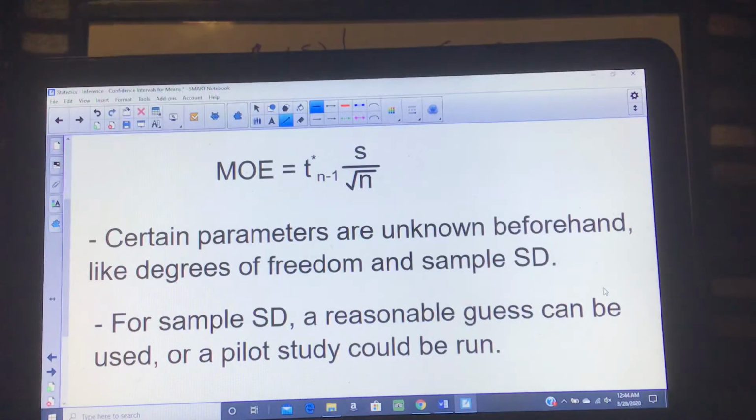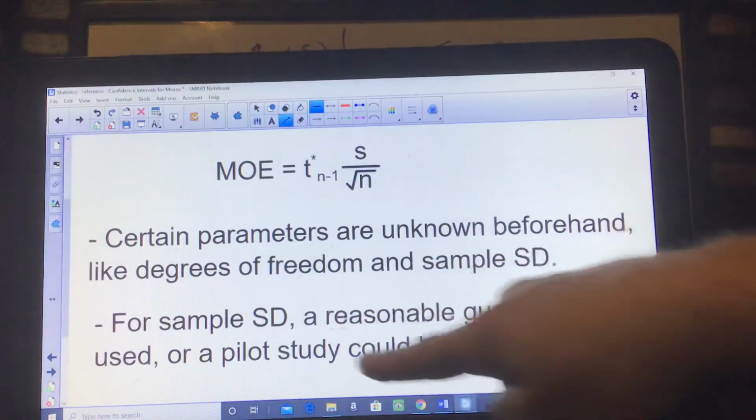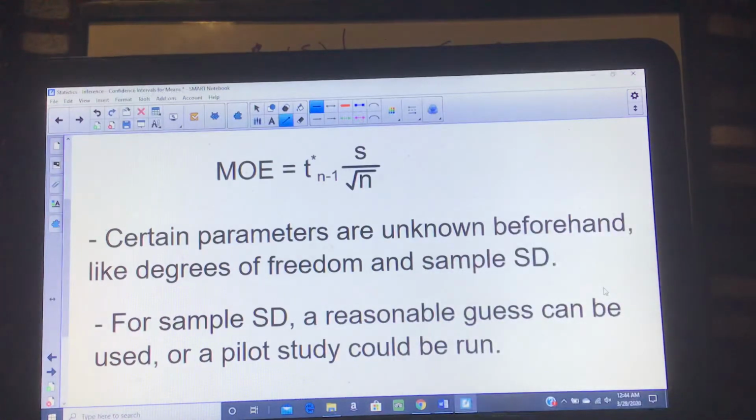Basically, you just need a number that's reasonable. So in the problems, a lot of times, they'll mention somebody came up with this, and they'll give you some kind of standard deviation that's reasonable. In real life, if no other information was around, you would just go with a best guess of something that was reasonable.